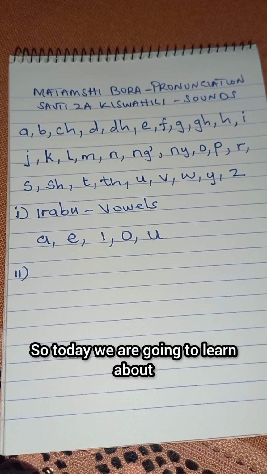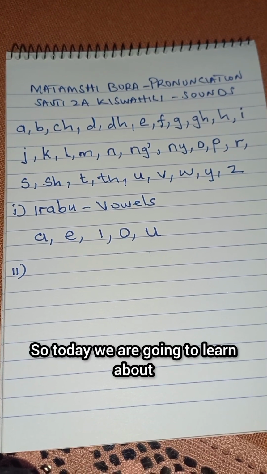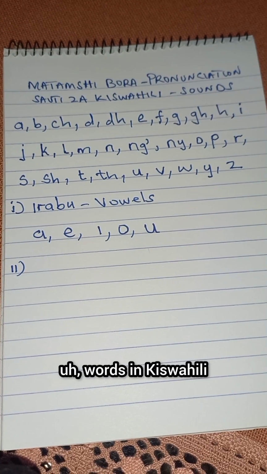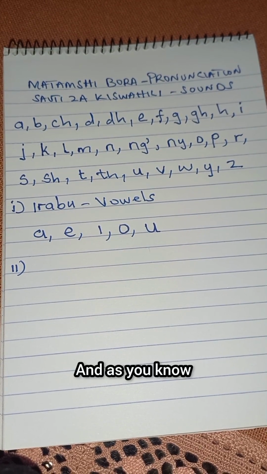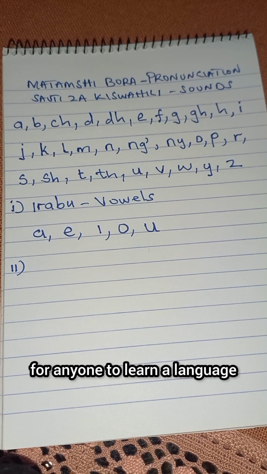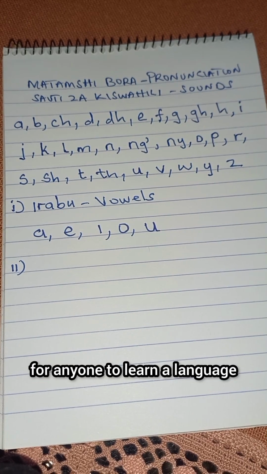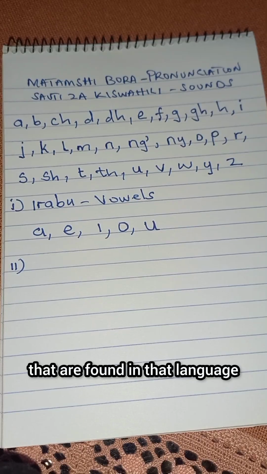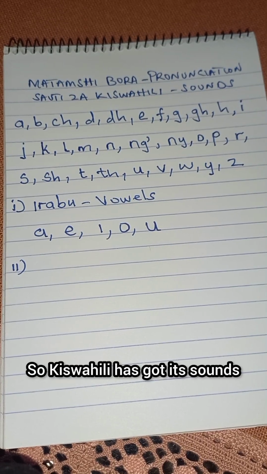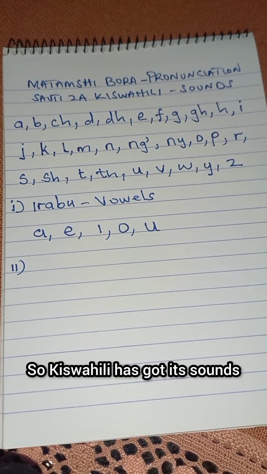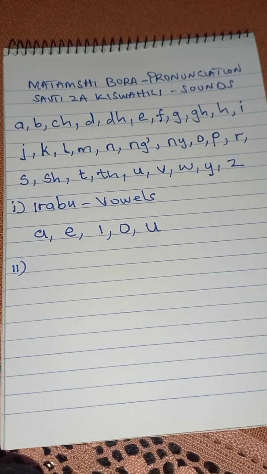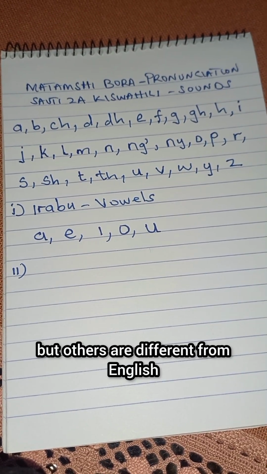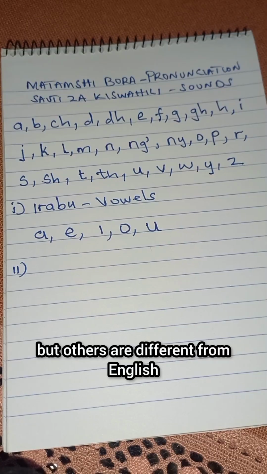So today we are going to learn about pronouncing words in Kiswahili. And as you know, for anyone to learn a language, you must understand the sounds that are found in that language. So, Kiswahili has got its sounds that maybe some are same to English, but others are different from English.